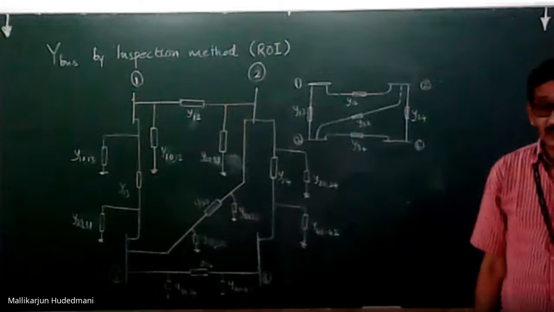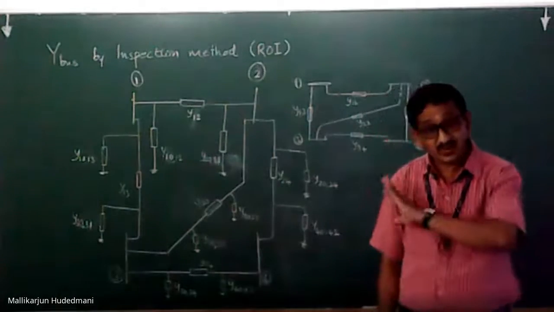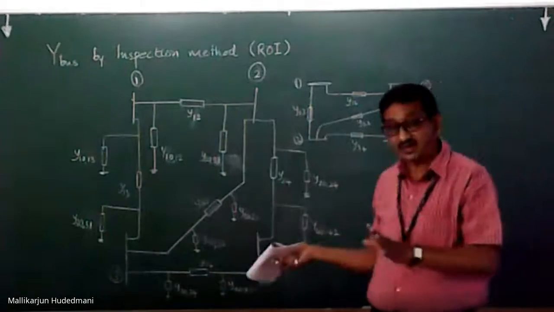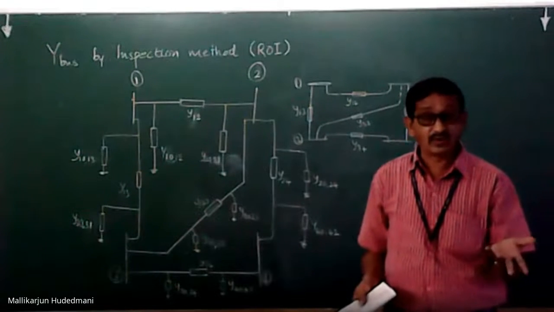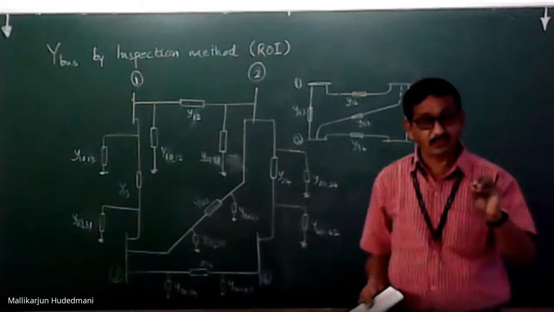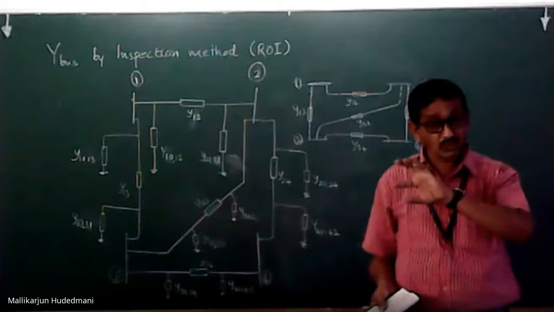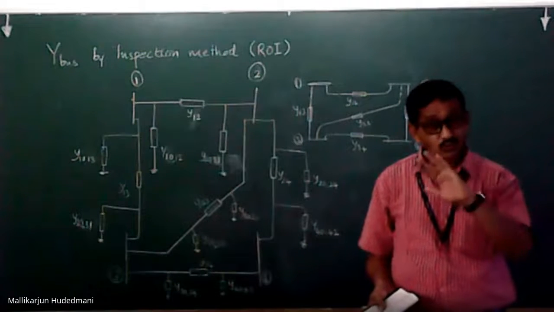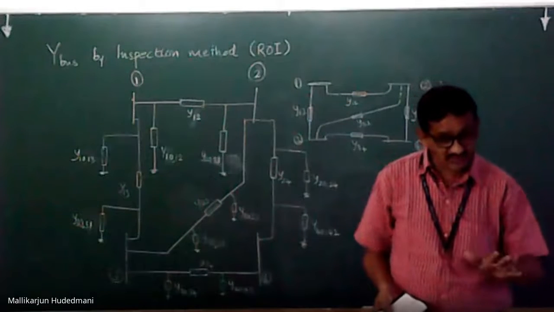The representation of the elements shall be pi model. And you cannot expect the entire transmission section to be pi. 1 or 2 elements may be pi, the rest may be lumped model. Then according to that representation, whichever is represented as a pi model, according to that connection, if 1 to 2 is having a pi model, 1 and 2 get affected. If 1 and 7 is having a pi model, 1 and 7 get affected.